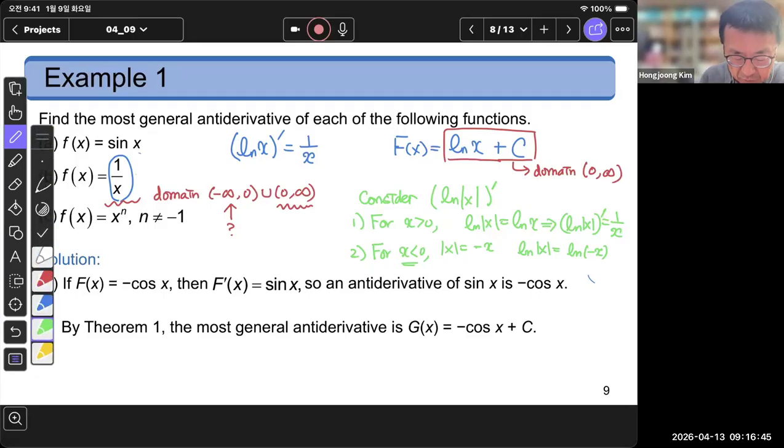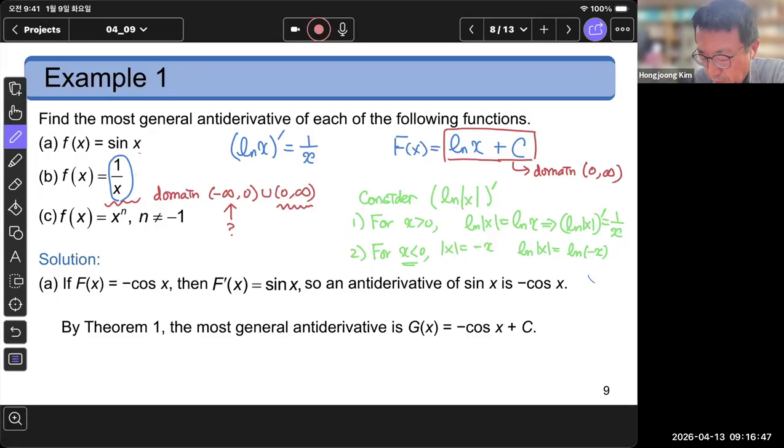Now, given this expression, if I differentiate this guy, you see the composite of two functions. So log of negative x, when it is differentiated with respect to x, I need to apply the chain rule. You first differentiate the outer function, which is the natural logarithmic function.